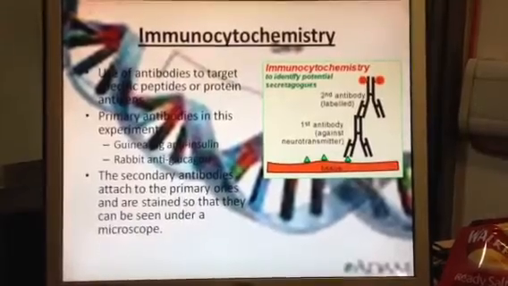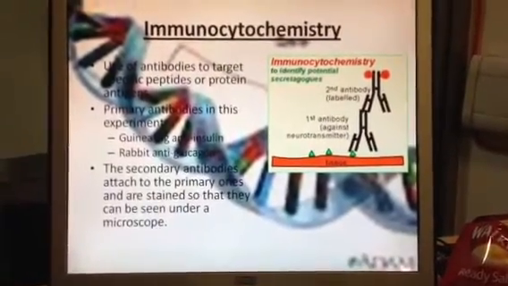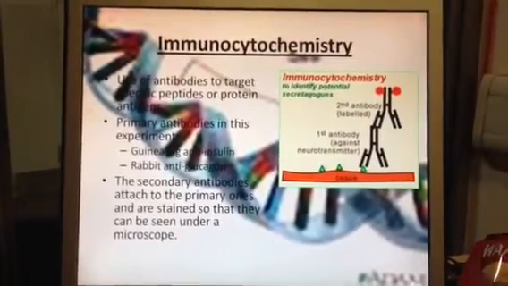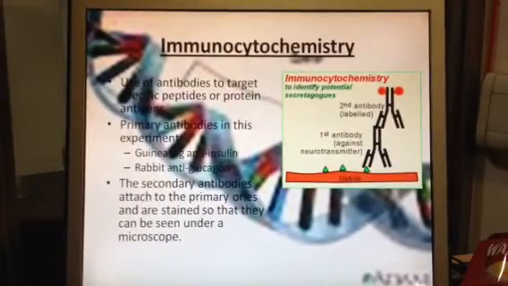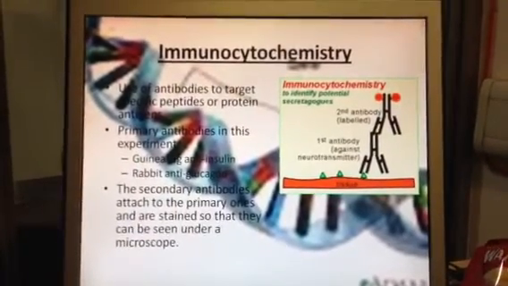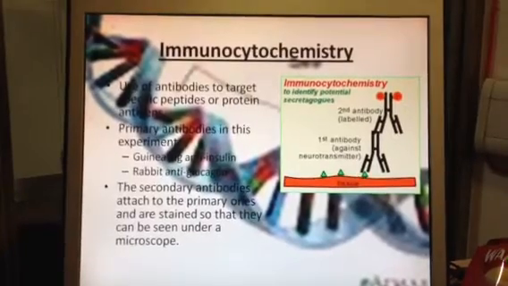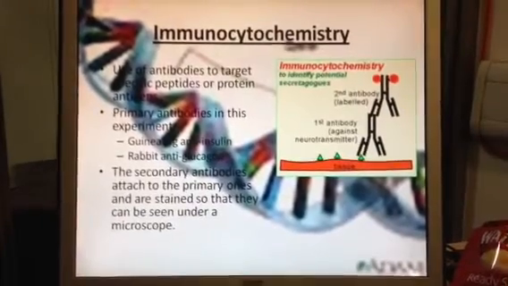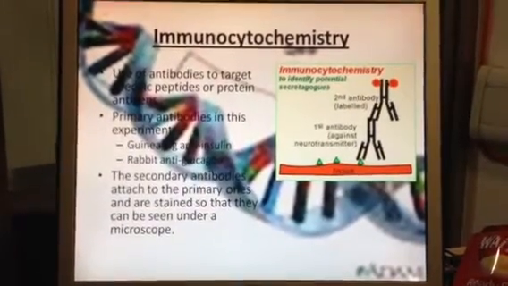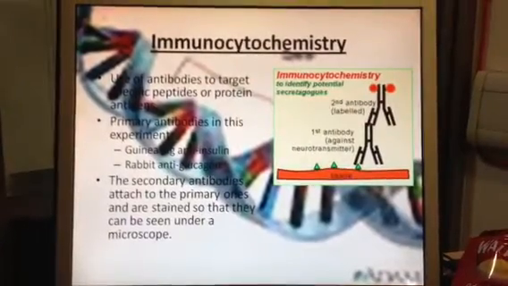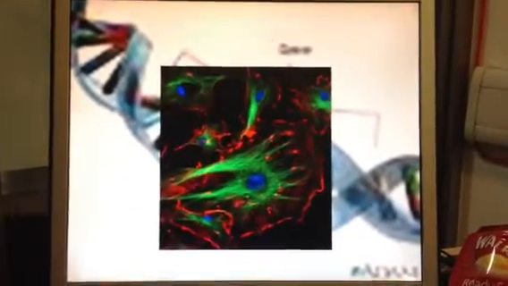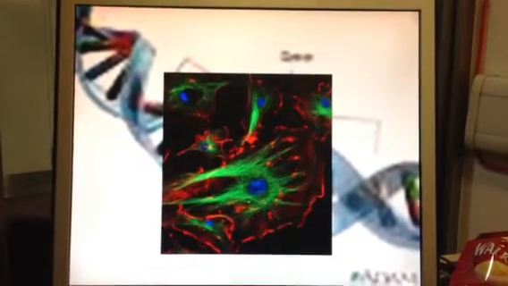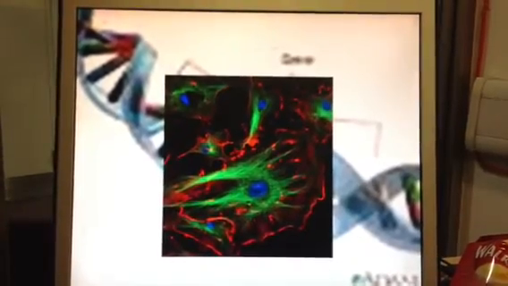The corresponding secondary antibodies that attached to each primary antibody were conjugated with either fluorescein isothiocyanate, which is the blue marker, or Texas Red, which is the red marker, in order to see them under a microscope. In this experiment, they used fluorescence microscopy to view the results and determine the cell percentages from the different colored markers. This is an example of a fluorescent image. Computer software was used to determine the cell percentages in this experiment.